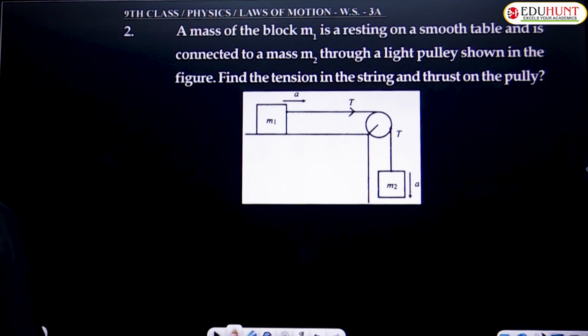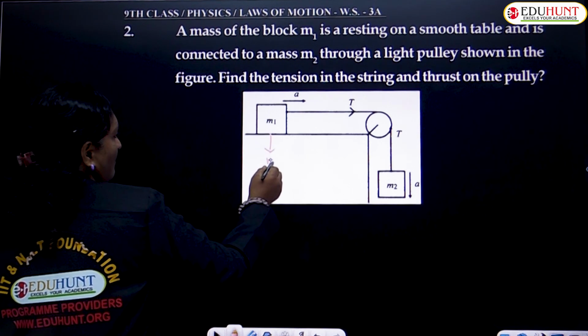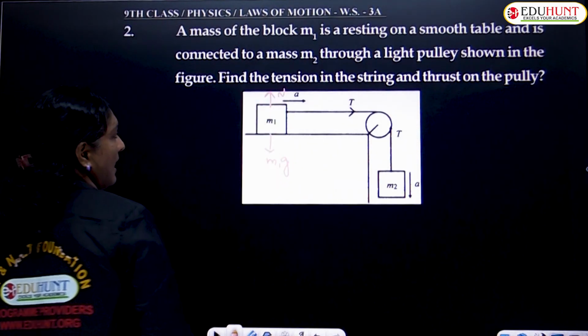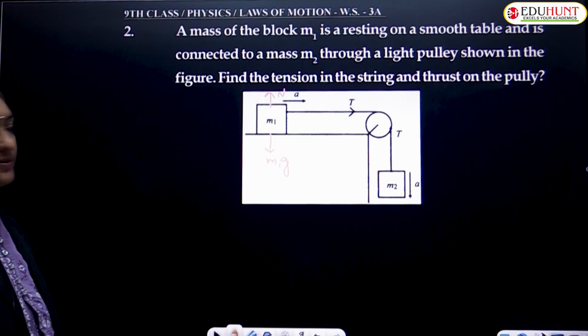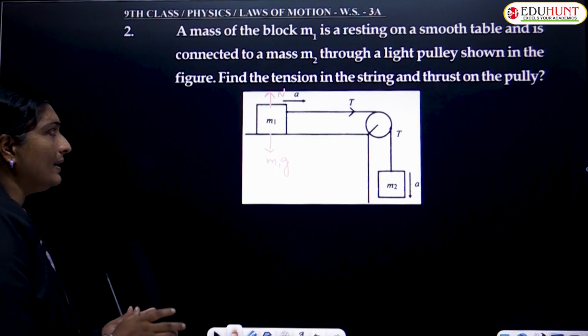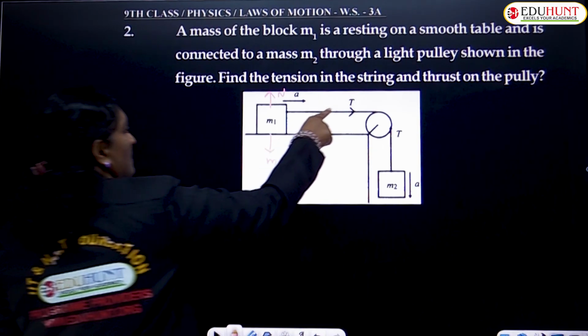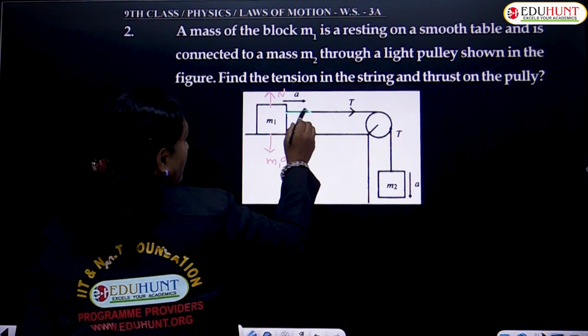If you observe the mass M1, its weight is acting downwards and the normal reaction is acting upwards, and this normal reaction is balanced by the weight of the body. So the only unbalanced force acting on the system is the tension T. This tension T is acting rightwards.